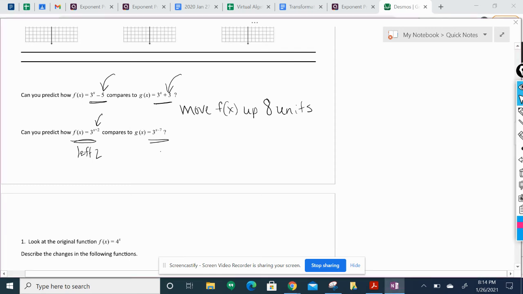The minus 7 on this one is trapped again, so it's going to make it move to the right 7. So how far would these be apart? We would move f of x 9 units to the right to get g of x.